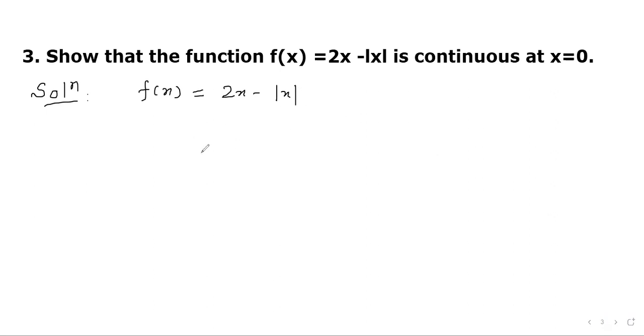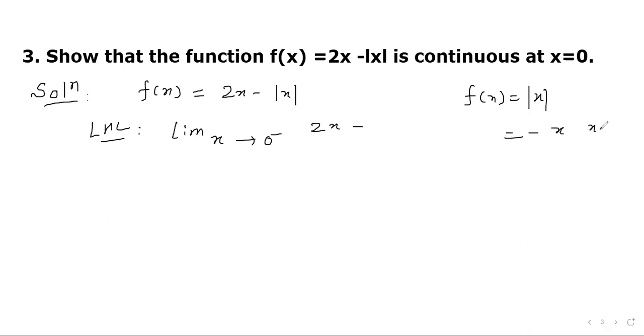Now we consider LHL, limit x tends to 0 minus of 2x minus modulus x. For 0 minus, modulus x will become minus x, because if you remember, if f(x) equal to modulus x, then it becomes negative x if x is less than 0 and positive x if x is greater than 0.